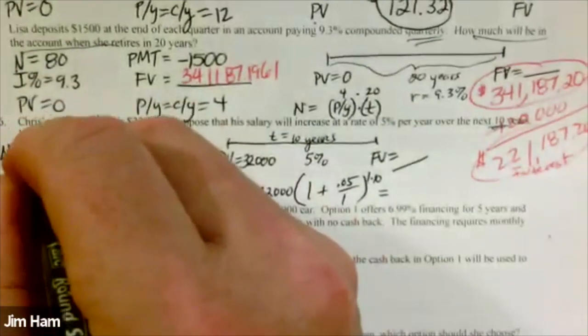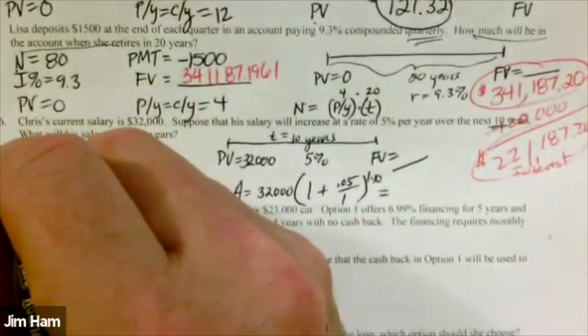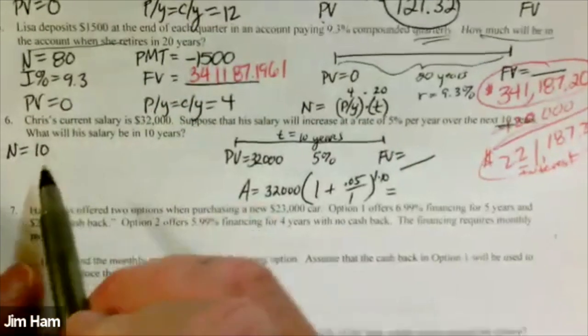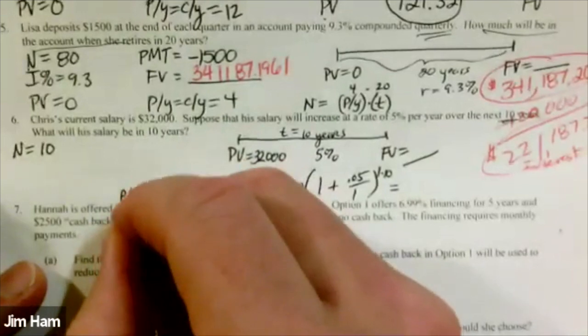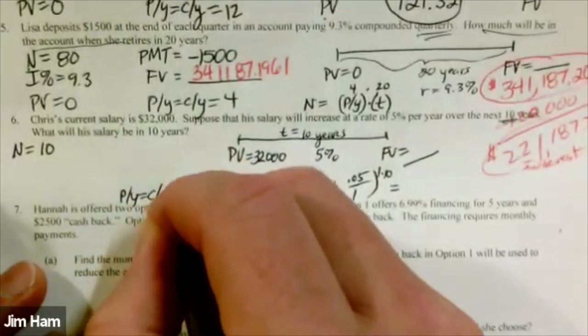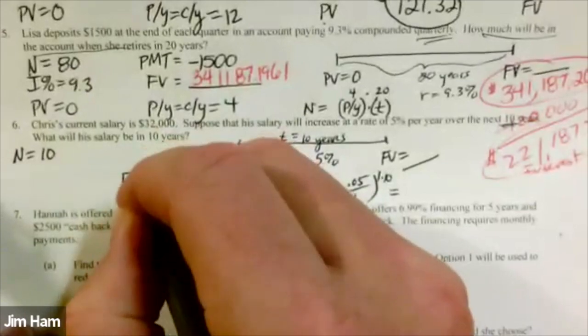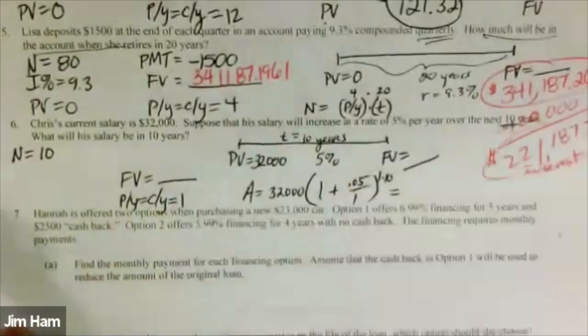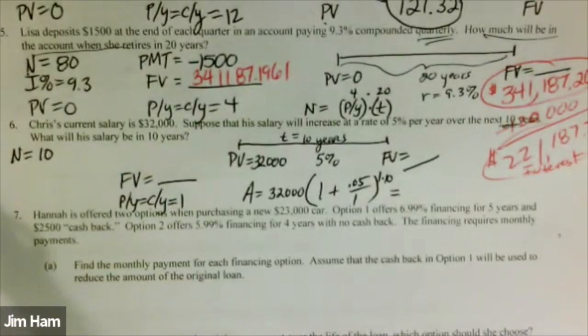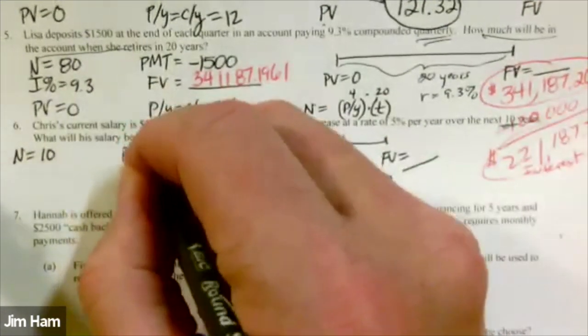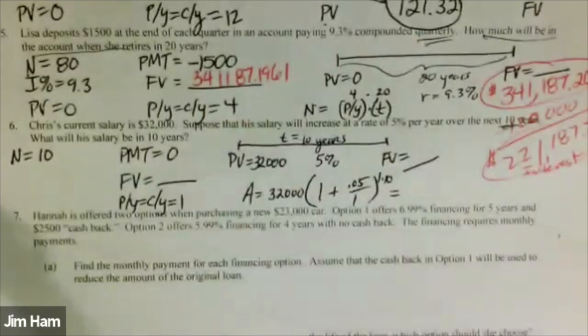But if you use the TVM solver, these are the inputs that you would see. N would be 10, because the payments per year, compounding per year, that's equal to 1 in this case. There's no mention of quarterly compounding or weekly compounding or anything else. The future value is, what is the future salary if I get a little bit of an increase? In this one, there's no payment. There's no amount added on.